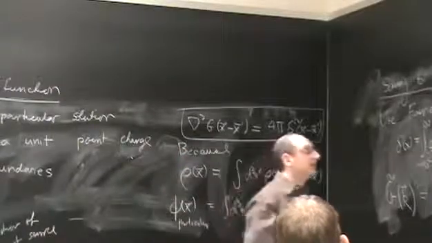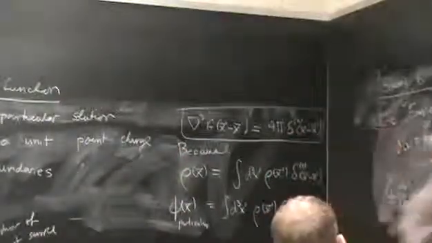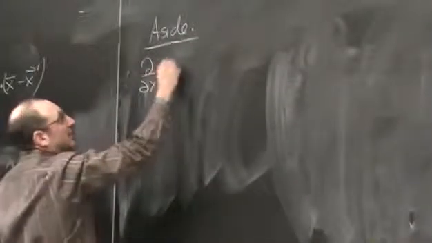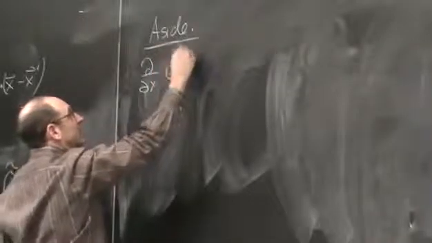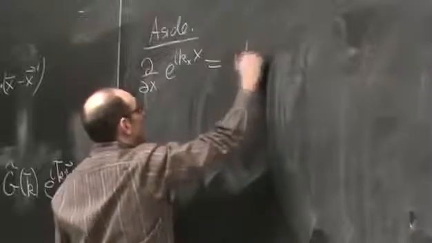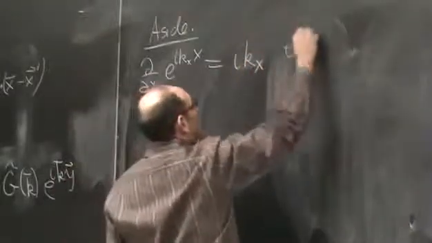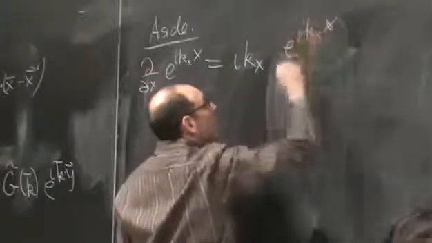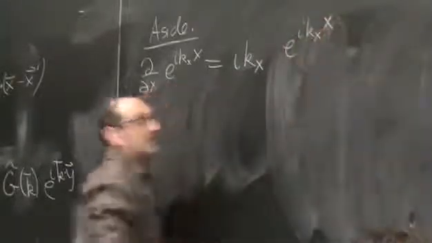How do we do that? Well, let me do a little aside here. The partial with respect to x of e to the i k_x x brings down i k_x, right?